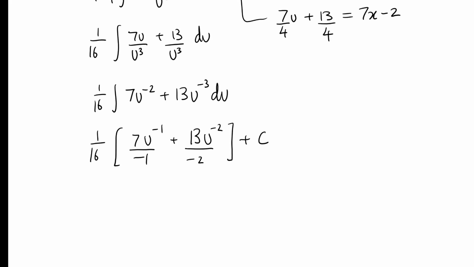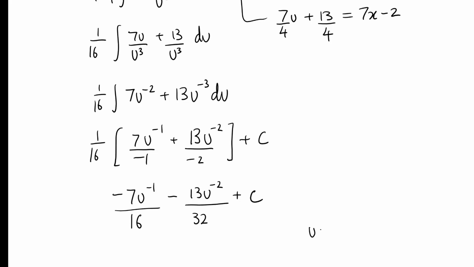So if we distribute this out, it becomes minus 7u to the minus 1 over 16, minus 13u to the power of minus 2 over 32, plus c, and then just reinstate u.